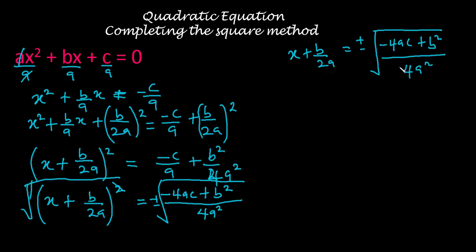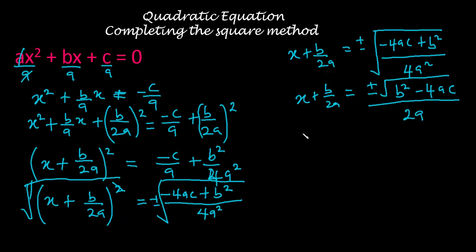Now the square root of 4a squared is 2a, so we can say x plus b over 2a is equal to plus or minus. Now I want this b squared to come to the front and the minus to go to the back, so I have done nothing to this by saying this is equal to the square root of b squared minus 4ac, everything over 2a. So b over 2a goes to the other side to become minus, so we have x is equal to minus b over 2a plus or minus the square root of b squared minus 4ac, everything over 2a.